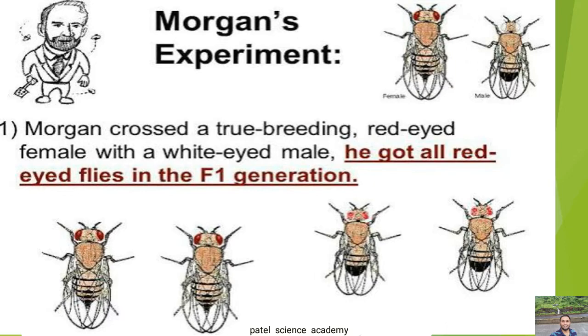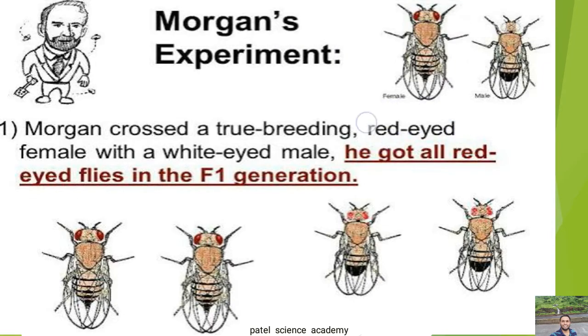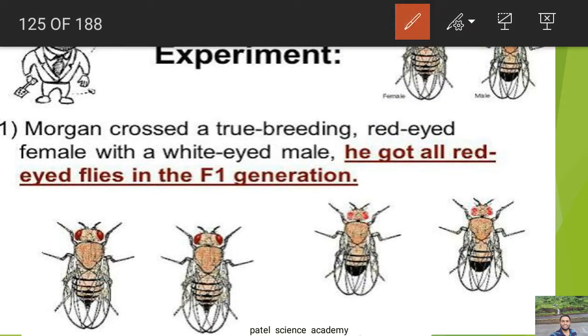So what was his experiment? As you can see here, the Drosophila fly. He used the Drosophila fly for his experiment. Morgan crossed two breeds, a red-eyed female with a white-eyed male.